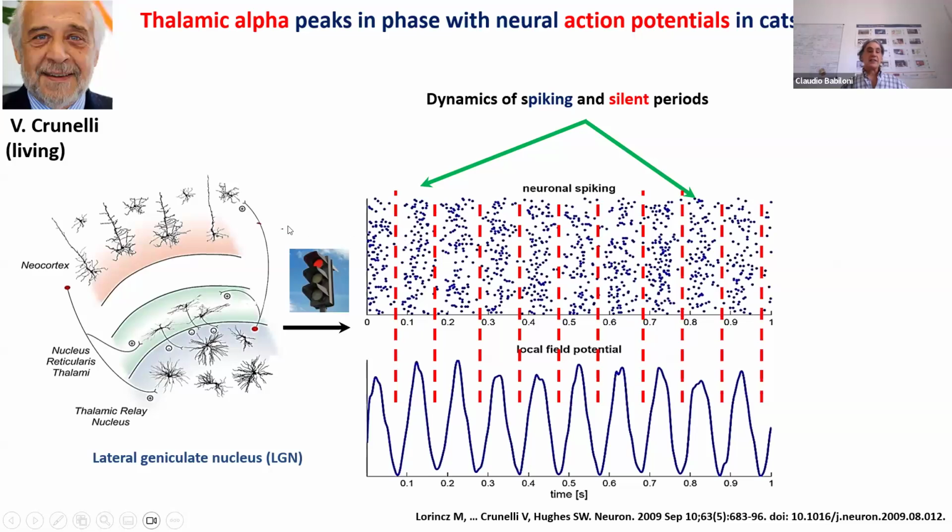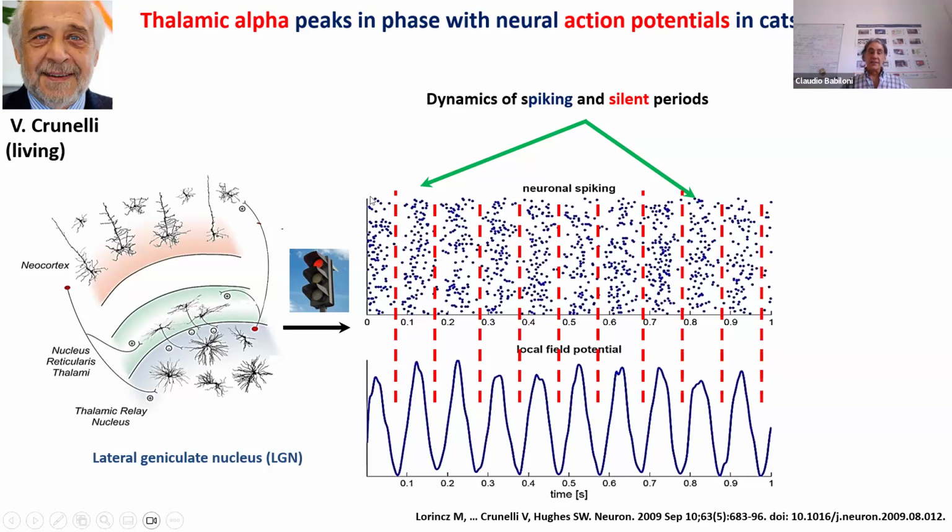This is another nice finding from Crunelli's group, showing again the strict relationship between the synchronized activity of single neurons in the thalamus and local field potentials in the alpha frequencies.